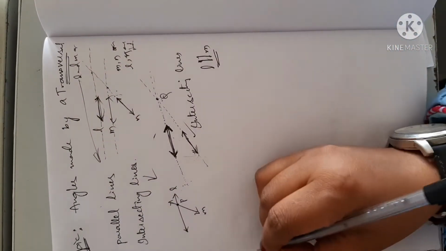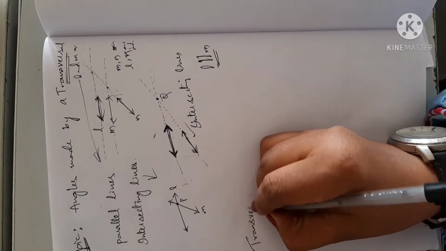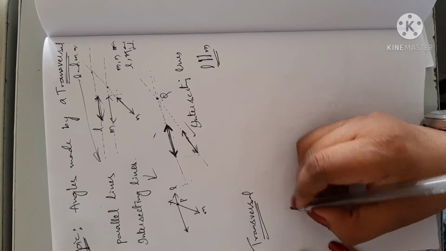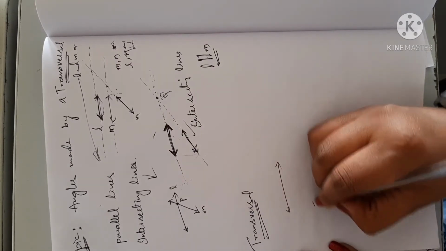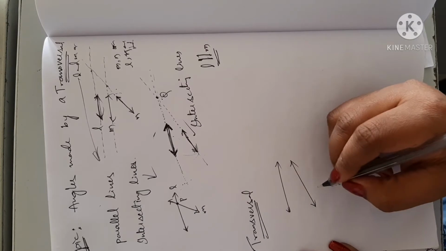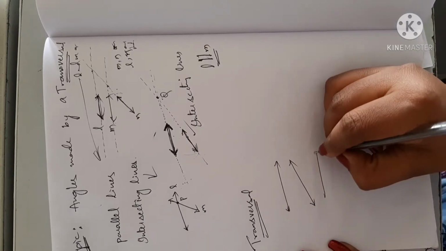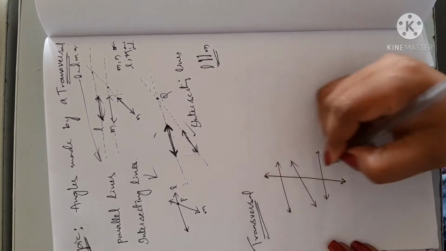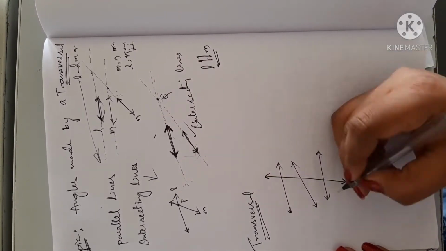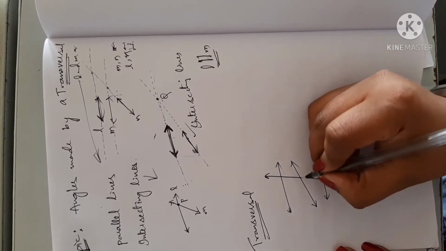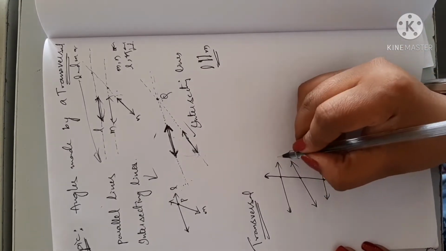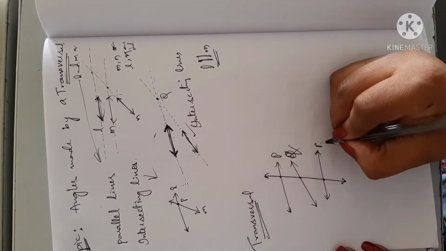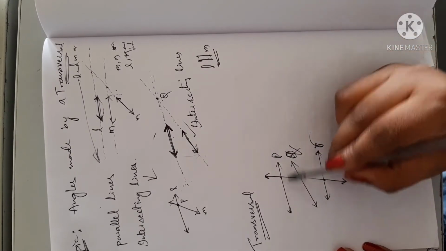Now what is a transversal? Okay, 1, 2, these two are intersecting lines. Somewhere else, 3. If a line intersects 2 or more lines at distinct points, distinct in the sense of different points, so P, Q, R. We need to represent lines with small letters.